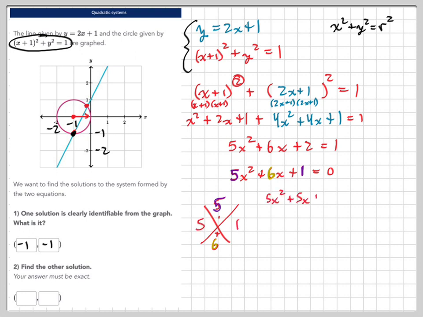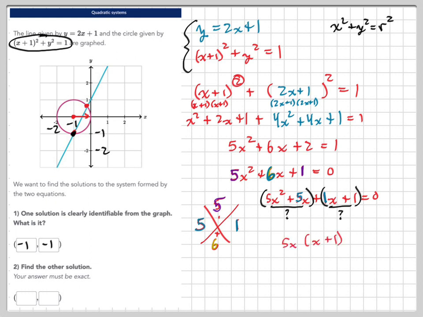So we're going to take that 5 and 1 and rewrite our trinomial so that it has four terms. We're going to split apart the 6 into 5 and 1, so instead of 6x, we have 5x and 1x. Then we group the first two terms and the last two terms, and think, what can I take out of the first two terms?